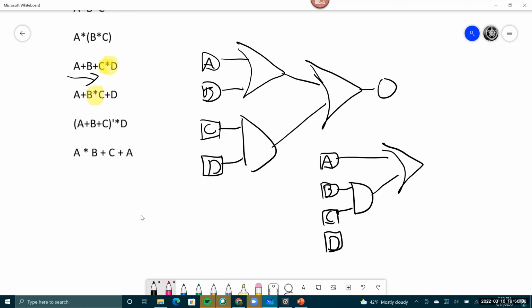And then this combines into one big expression, and then combine that with OR D. All right. Any questions on these two? All right, let's move on.